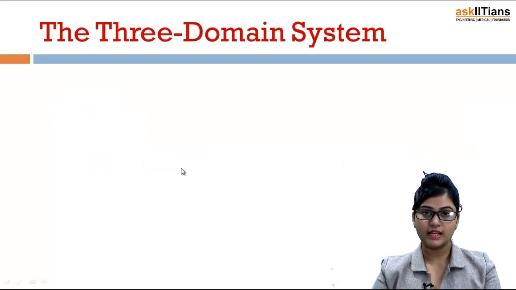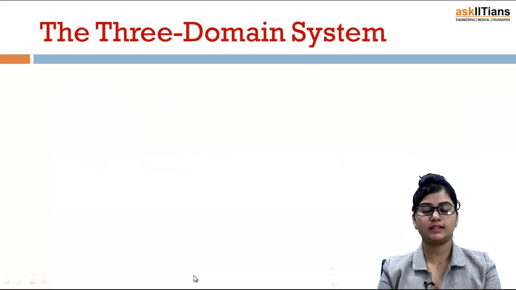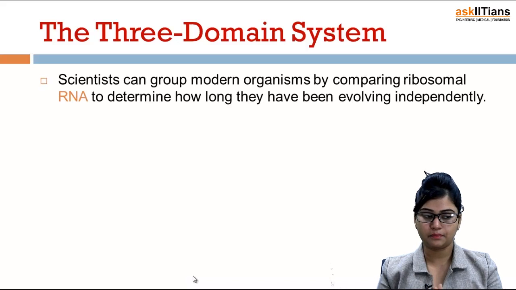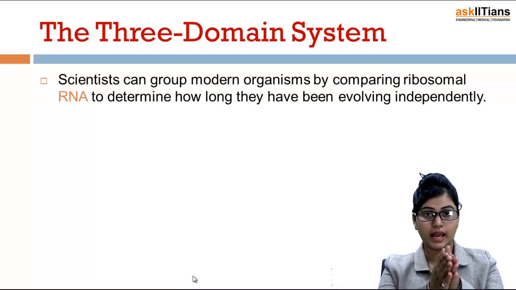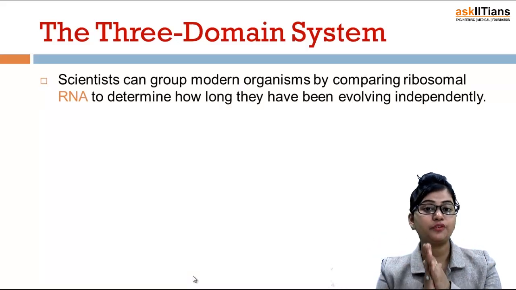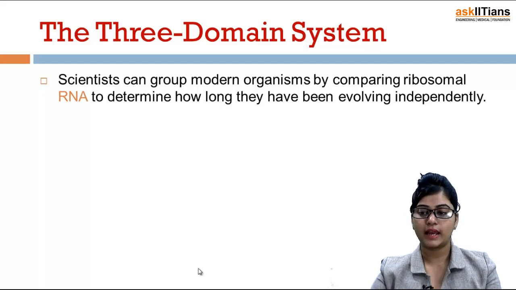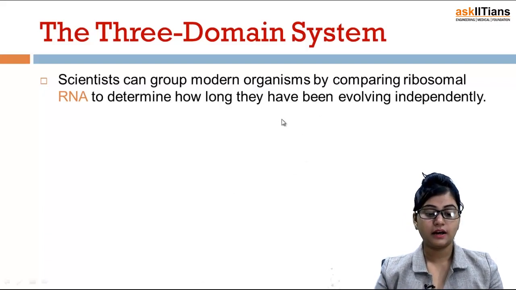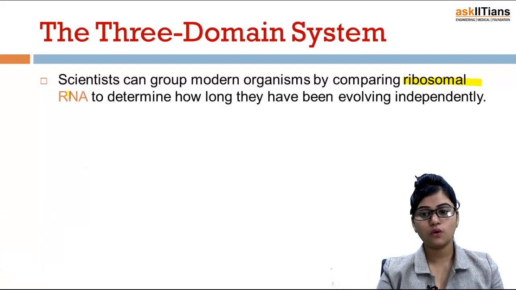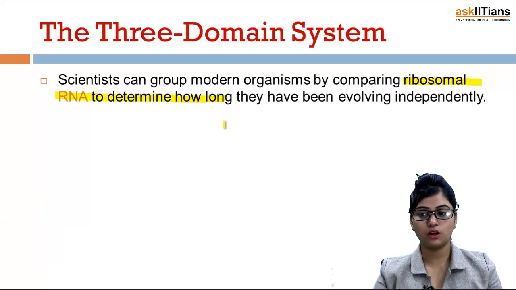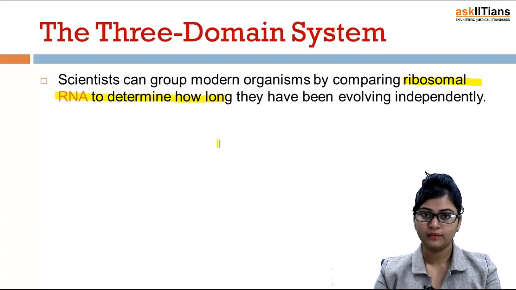The 3 domain system. There is one more thing, that is a domain system. Some scientists classify organisms on the basis of this 3 domain system. So scientists can group modern organisms by comparing ribosomal RNA to determine how long they have been evolving independently.